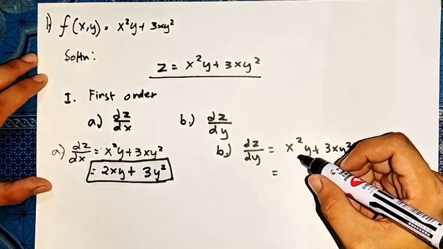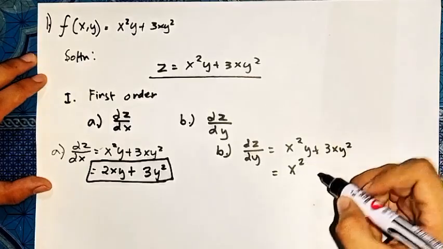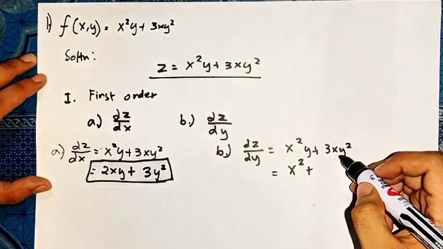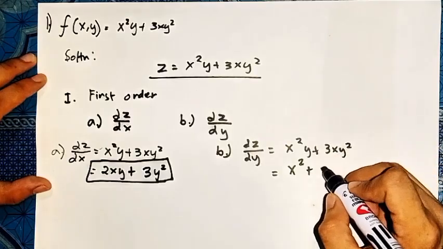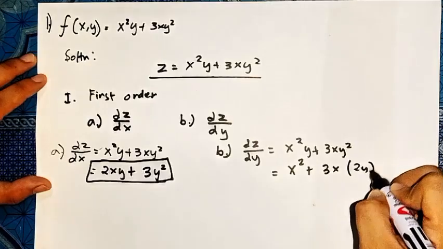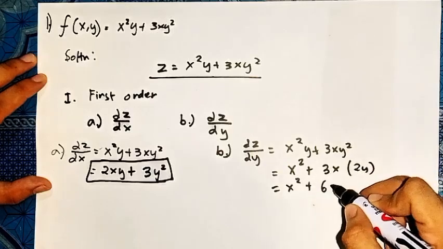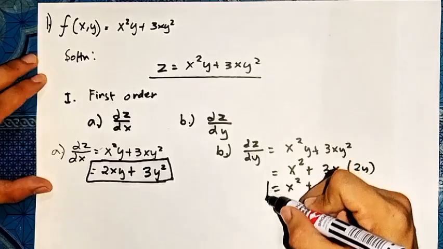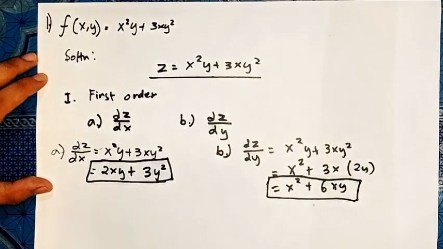So the derivative of x squared y with respect to y is x squared, plus the derivative of 3xy squared, where x is constant, so copy the 3x. The derivative of y squared is 2y. So x squared plus 3x times 2y is 6xy. This is now our partial derivative with respect to y.